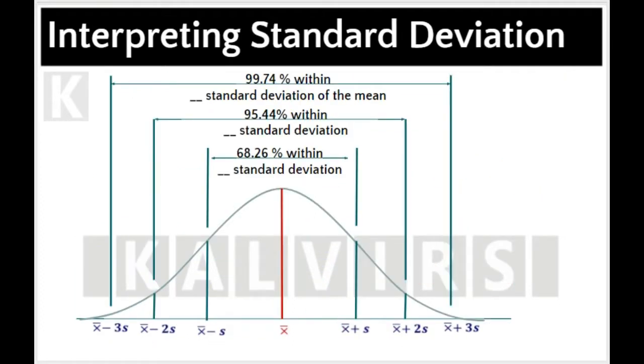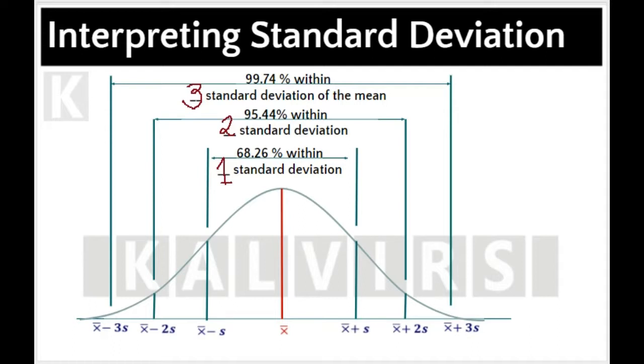For a normal distribution set, about 68.26% lies within one standard deviation from the mean. About 95.44% lies within two standard deviations of the mean, and about 99.74% lies within three standard deviations of the mean.